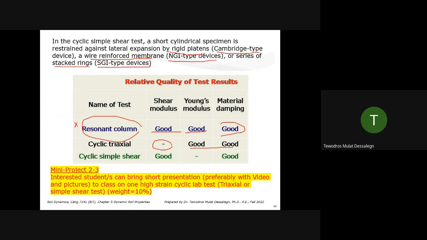And cyclic simple shear is good for shear modulus and material damping, but it doesn't provide directly the Young's modulus. So we can combine resonant column at low strain and these two at larger strain, depending on what parameter we are looking for. So this is just a general takeaway, what you can get.